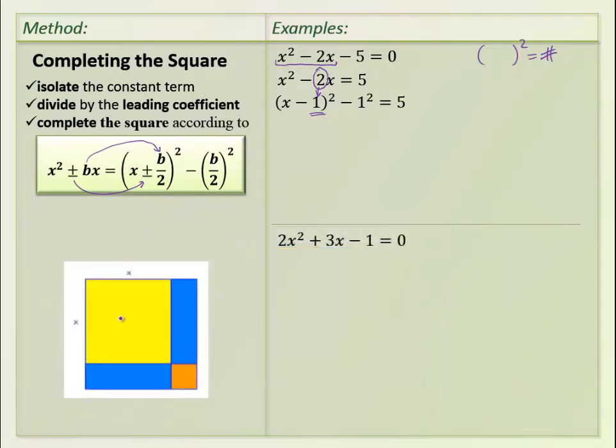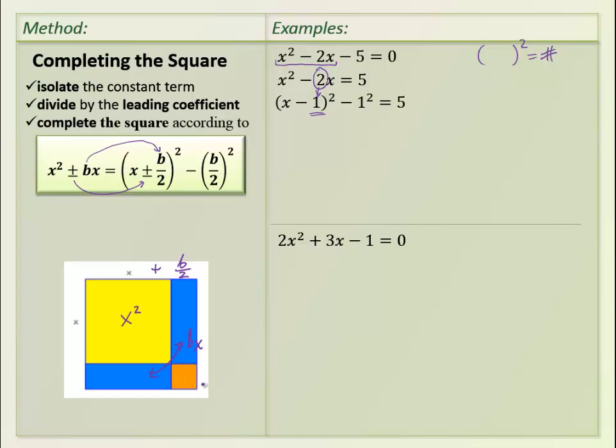So as we saw, x squared plus bx, which is the total area of the blue shapes, is the same as (x plus b half) squared. So x plus b half is this distance, squared, but then we have something extra.